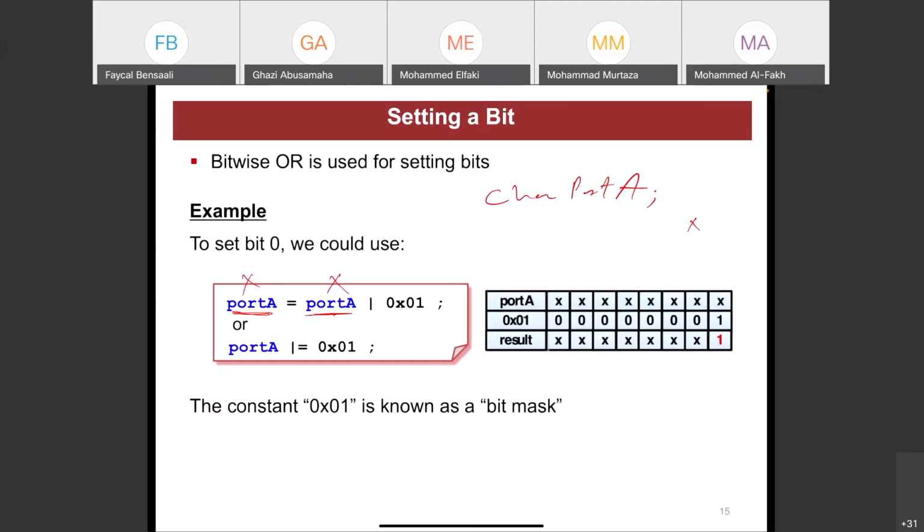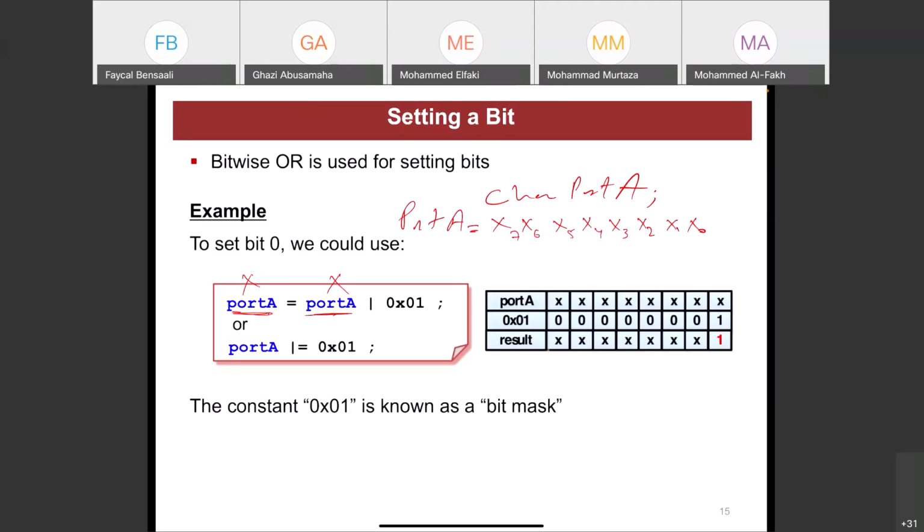So I have 8 bits, numbered 0, 1, 2, 3, 4, 5, 6, 7. Those are the bits of port A: bit 0, bit 1, bit 2.